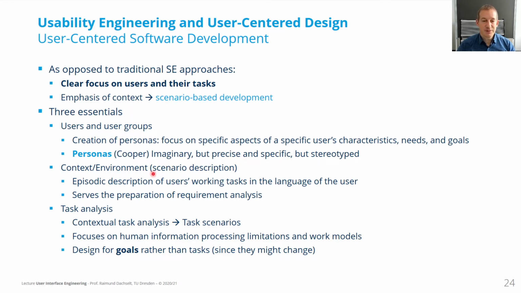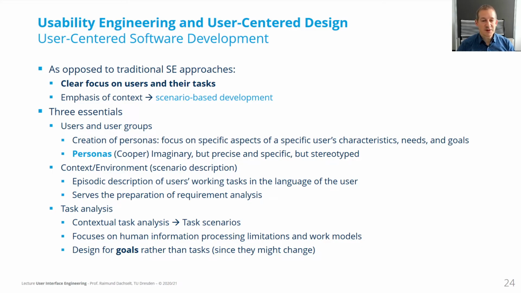So scenario descriptions are the method to go for to derive and describe the context. And then, of course, task analysis, we talked about that in detail: contextual task analysis, task scenarios, and also hierarchical task analysis as one more formal method to arrive at a good description of which tasks need to be accomplished by users of a future system.